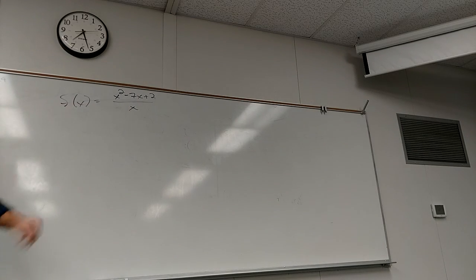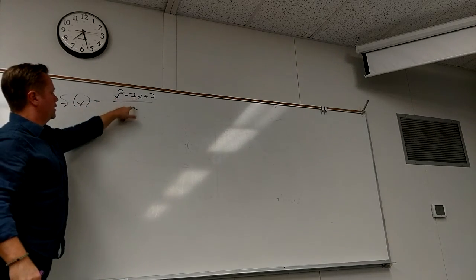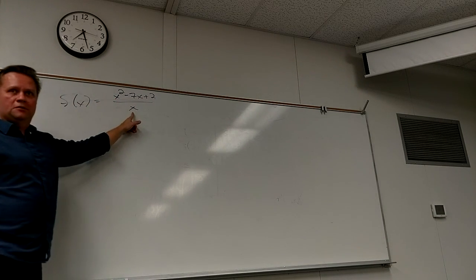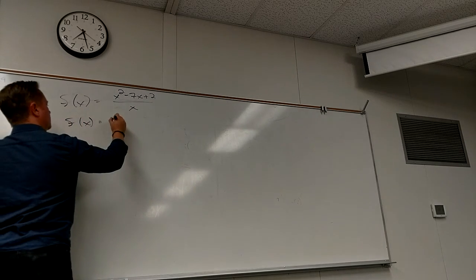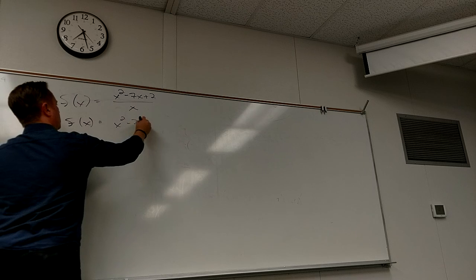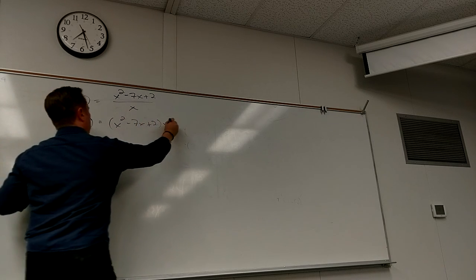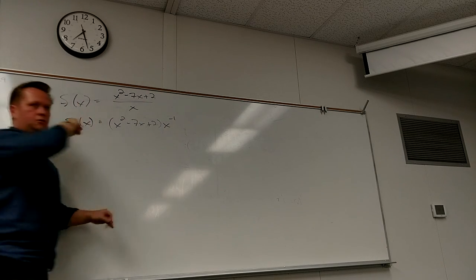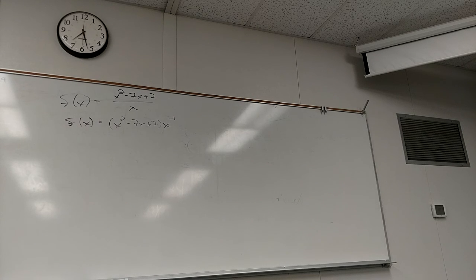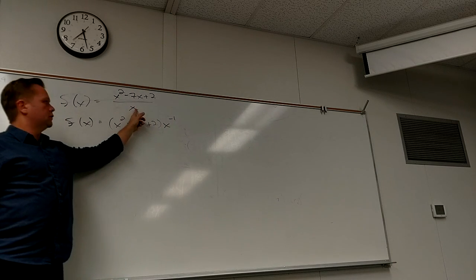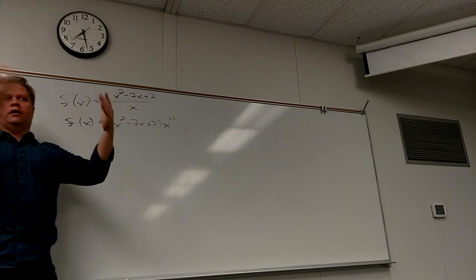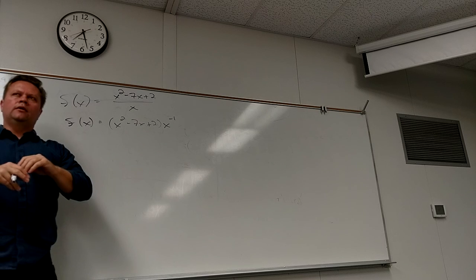So here, all I would really do is divide each piece, right? But can you see how I could rewrite this and bring that up? Is that cool? So then it is a product of two functions, but one of them has a negative power on it. Which one? The one that was on the bottom, of course, because when I brought it up, it had to have a negative power on it.